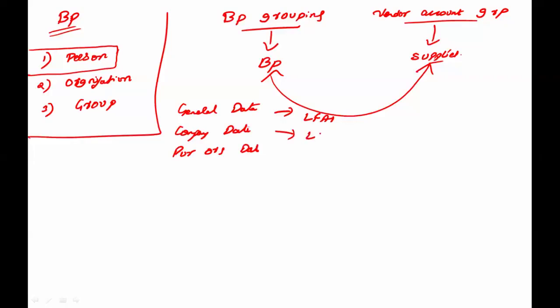Company code data is stored in LFB1. Purchase org data is stored in LFM1. So these are the three tables which you need to remember. The information of the vendor is getting stored in these tables. So these are the basic information regarding the business partner, vendor account group and vendor master.